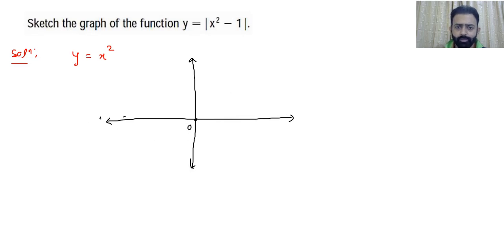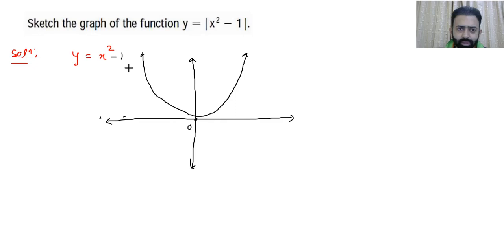This is 0 and this is your y equal to x square. The next term is x square minus 1. So the next transformation is that it has shifted downwards by 1 unit.